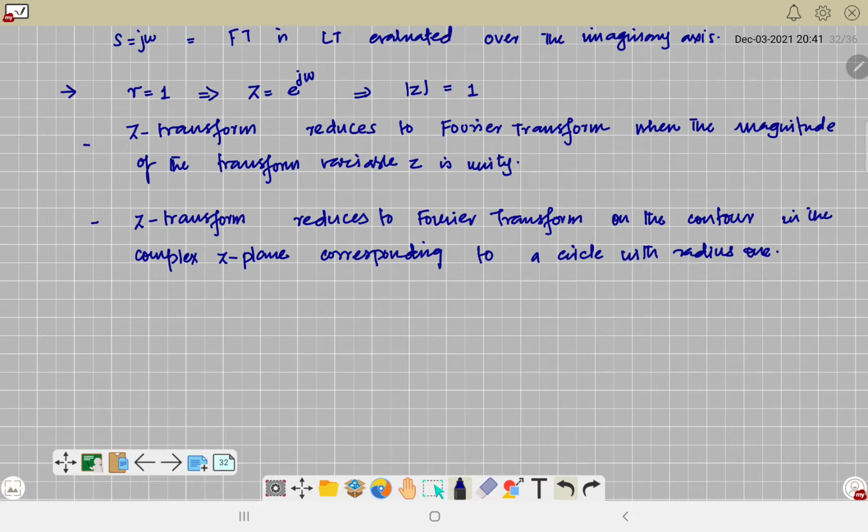You must have done complex variables. So basically, if you have a complex variable r e raised to the power j omega in the complex plane, that is a plane wherein you plot the real and the imaginary axes, this represents a circle of radius r.